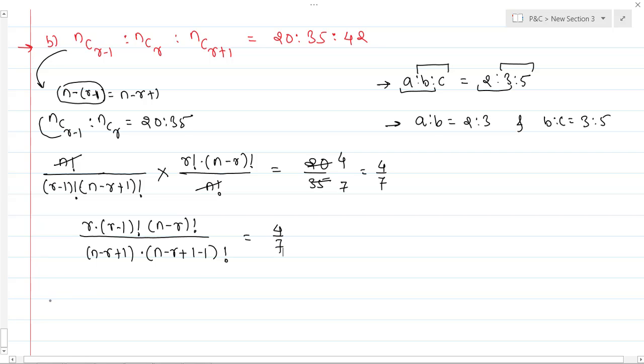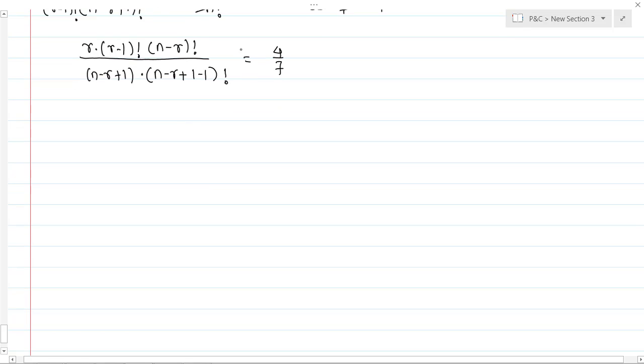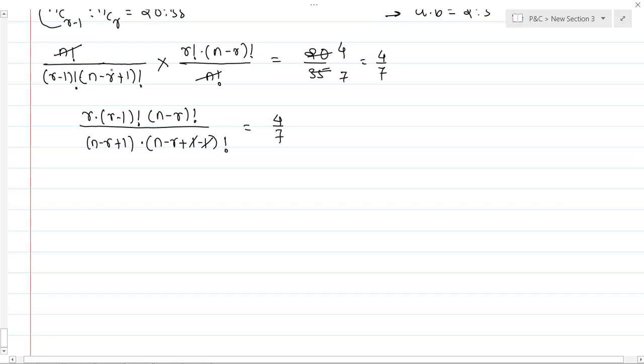Next part is what? See here, this plus 1 minus 1 cancel, so we have n minus r factorial and this is r minus 1. Is any part remaining? So this r minus 1 factorial is remaining here.